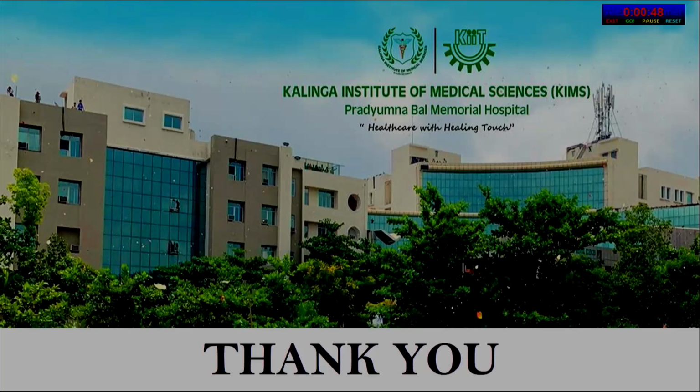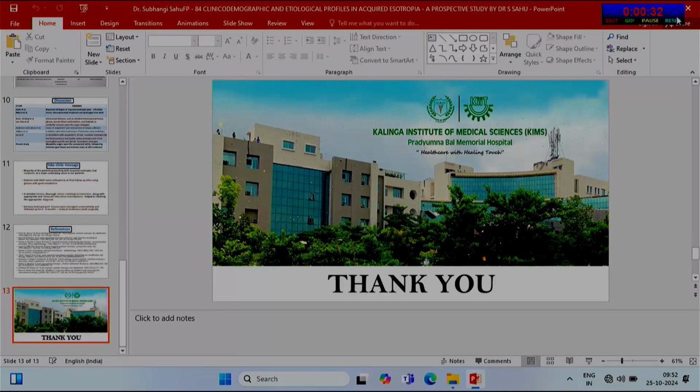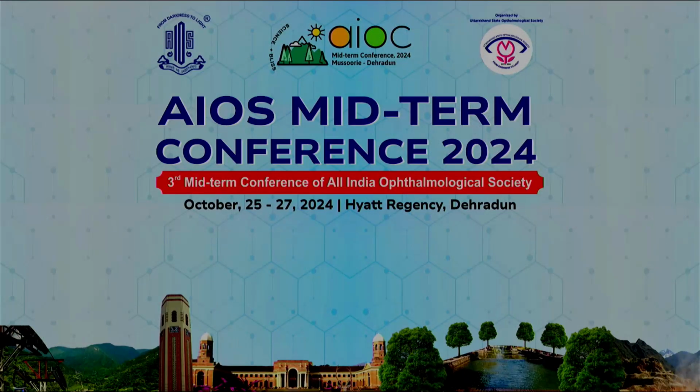Thank you, Dr. Subhangi. One question. You talked about neoplasia as a major cause for these esotropias. Were there any frontal tumors also reported in your neoplastic lesions? Yes, sir. Okay. So, do you think that the frontal tumors are frequently associated with raised intracranial tension? Yes, sir.